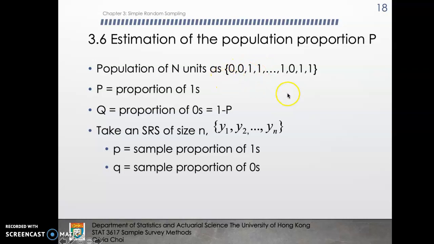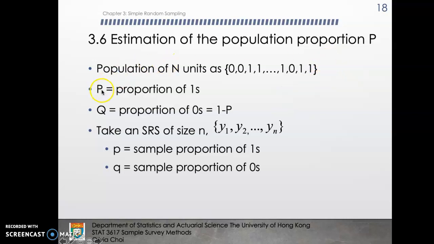This is very convenient, because if we add up all the collected data, either from the population or from the sample, that is the number of those saying yes. Then we simply divide by N, the population size, to find the proportion.